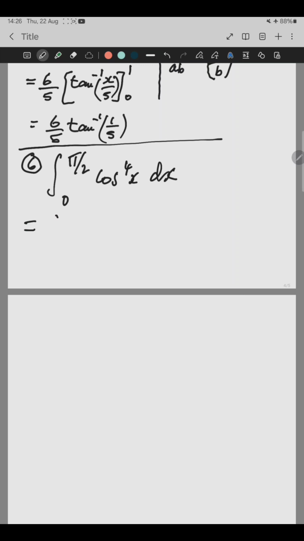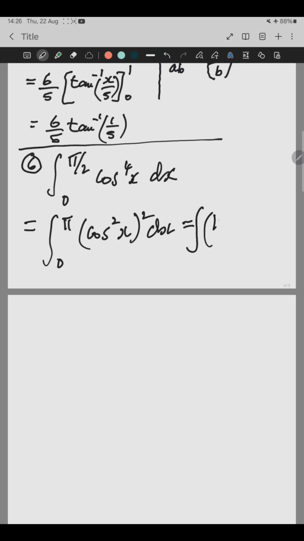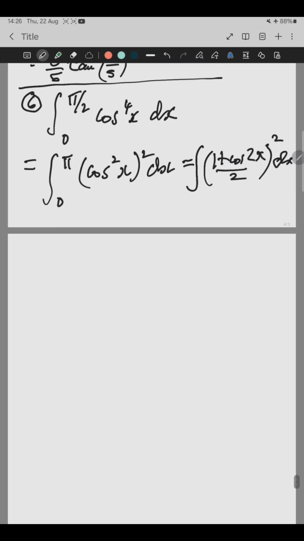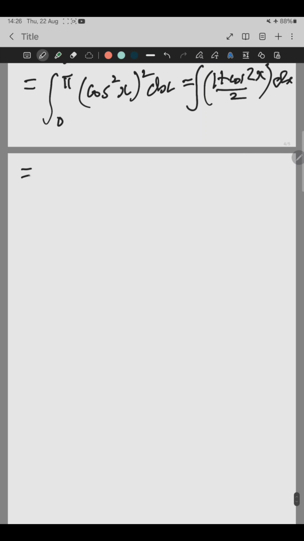Here we just need a little bit of trigonometry. First of all, you can write that as cos squared x all squared dx, and then cos squared x can be written as 1 plus cos 2x over 2. That's all squared dx. So squaring that out, what do we get?